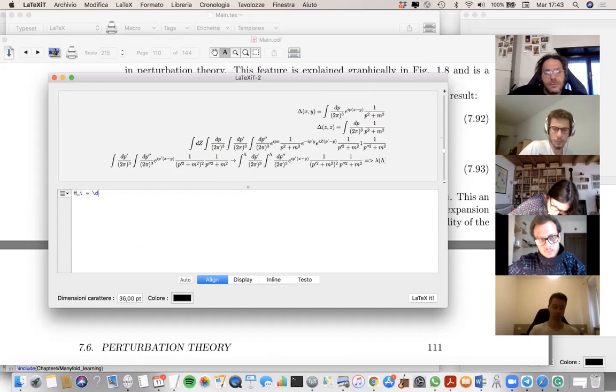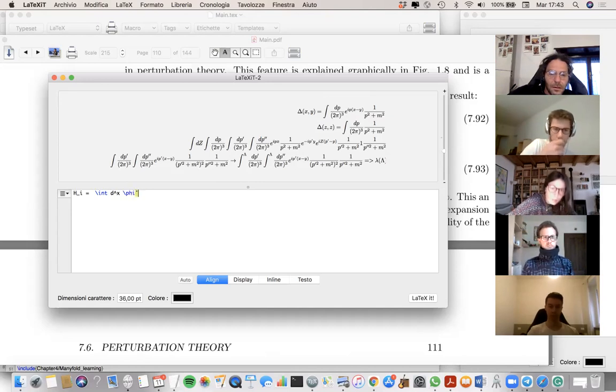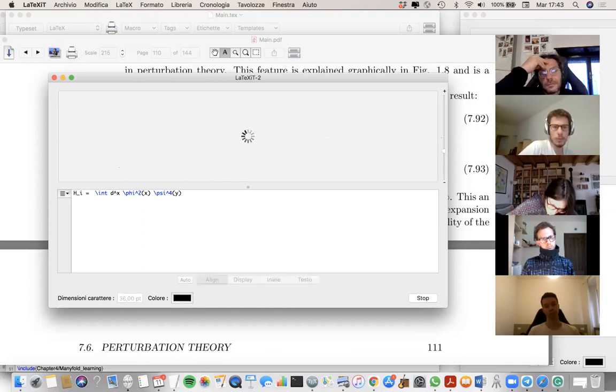This is not so difficult, but compute the two-point correlation function in a theory where you have two fields, let's call them phi and psi, and you have maybe a coupling in the form, I don't know, an integral of some interaction, and compute the correlation function for phi and for psi.